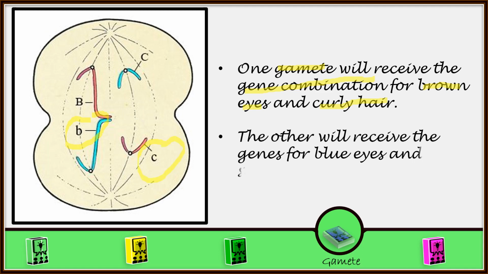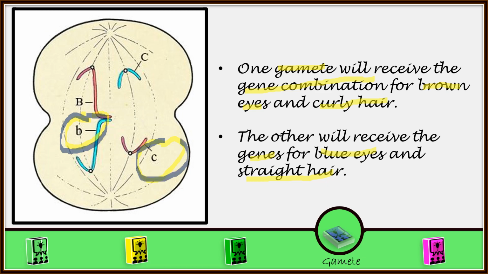Then the other will receive genes for blue eyes and straight hair.